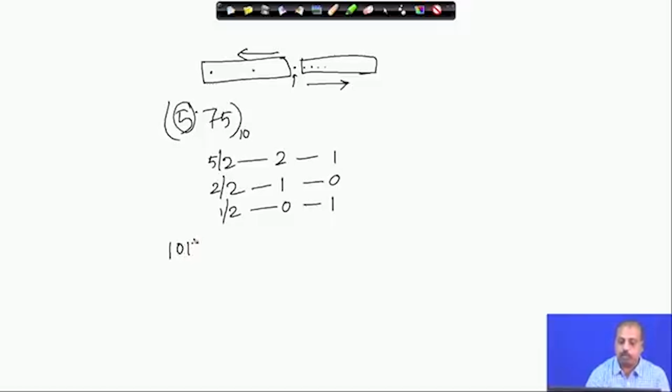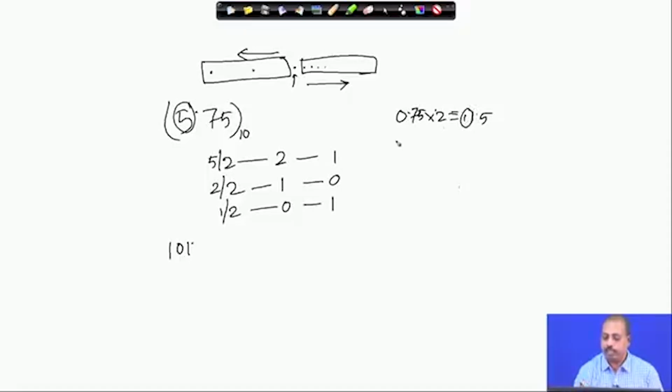Then comes the decimal point, and now this 0.75. Instead of dividing by the base, we will multiply by the base. So, 0.75 into 2 makes it 1.5, and in that 1.5 we will take 1 as the significant digit.